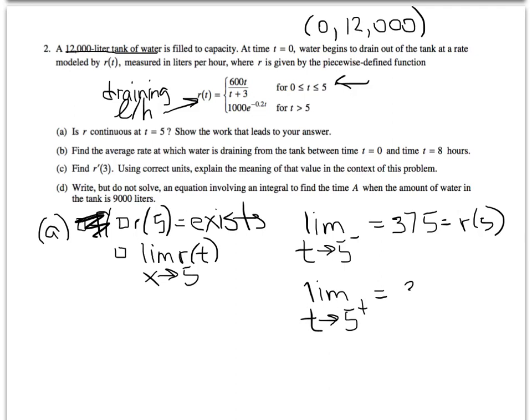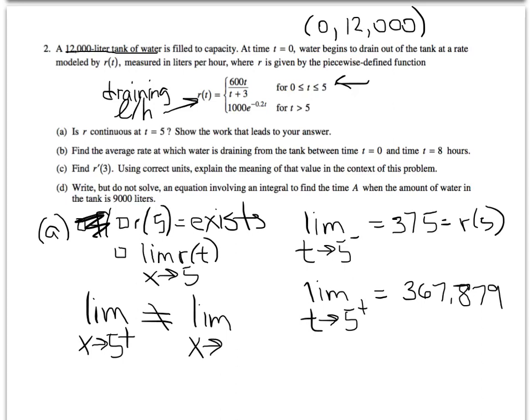That value would give us 367.879. Remember, 3 decimal places. Now we notice that these two values are not equal. So since the limit from the left of 5 does not equal the limit from the right of 5, the function is not continuous.